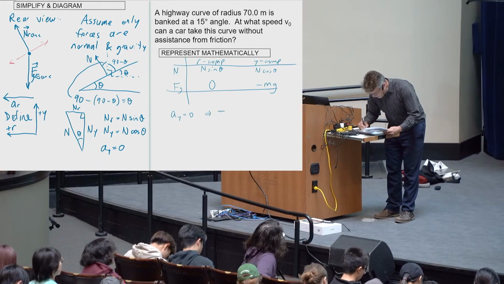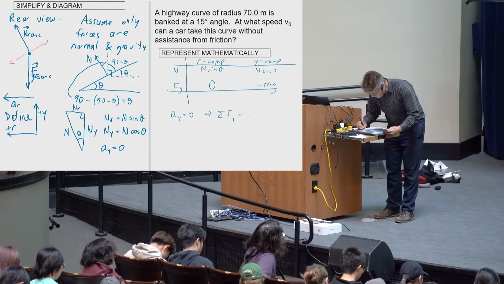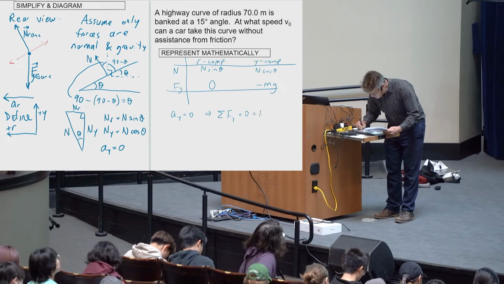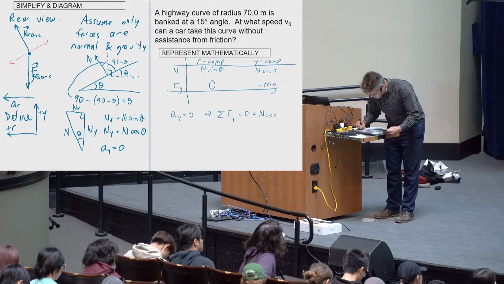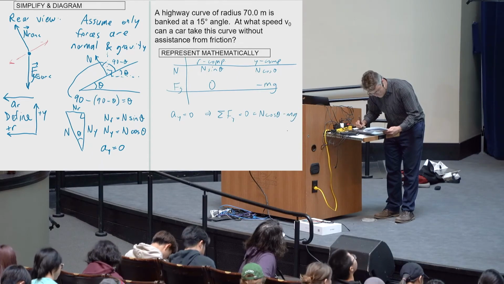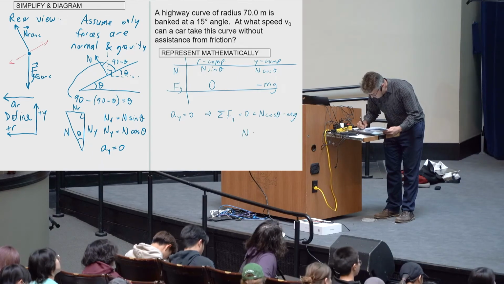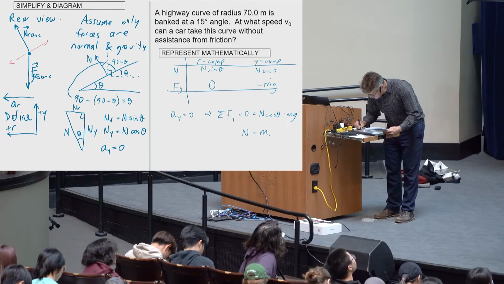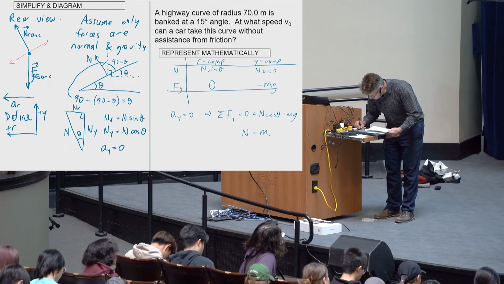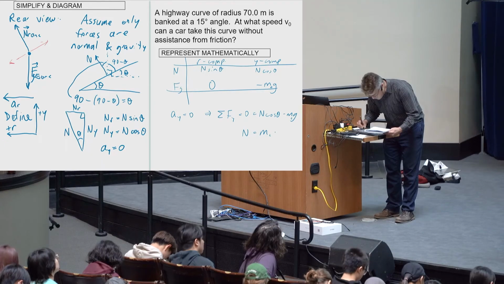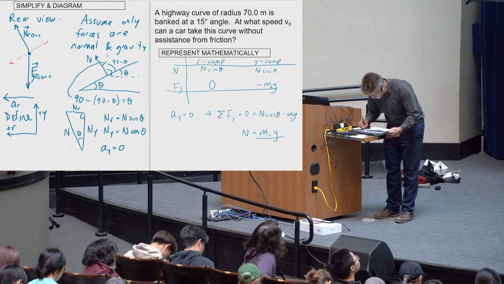So that means that the sum of all the forces in the y direction is 0. And that's going to be n acting up, n cos theta, minus mg. So that means that n is equal to the mass of the car times g divided by cos theta.